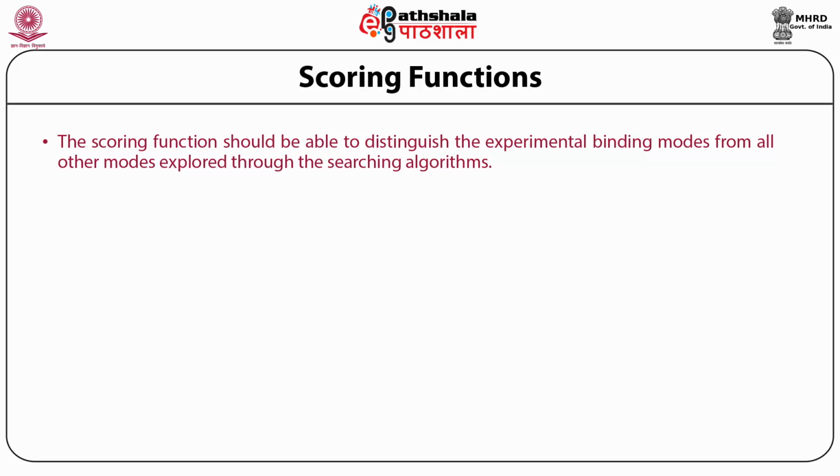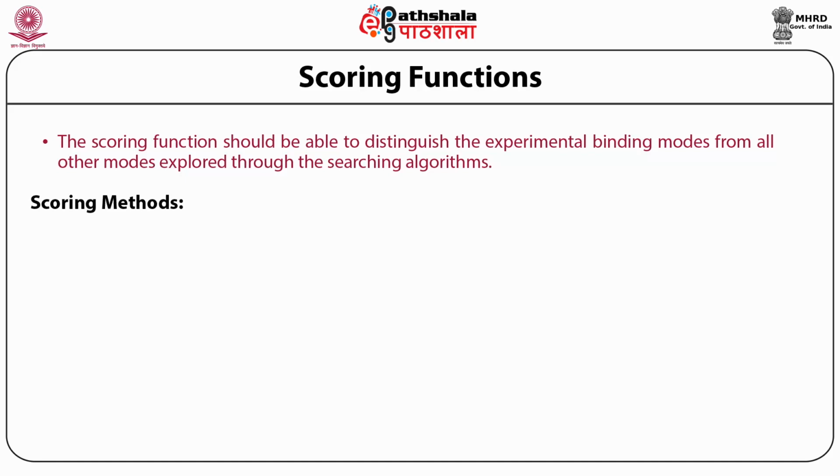Also, during the whole search algorithm of docking, we need a scoring function which should be exhaustive, and very much dependent on the binding energy, so that it can predict which compounds are better binders than the lesser binders. So we require two types of scoring function.